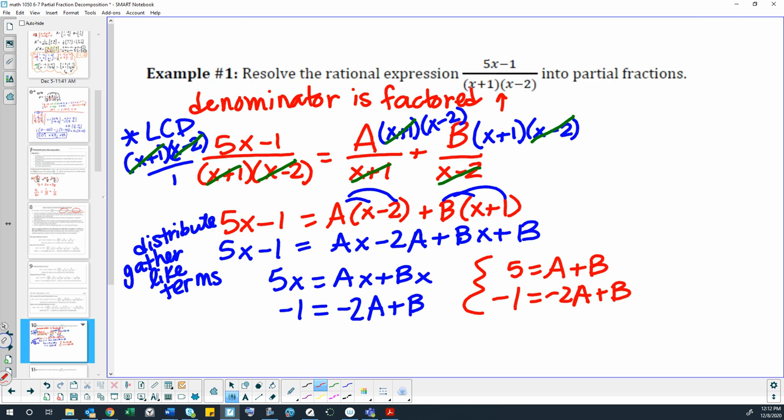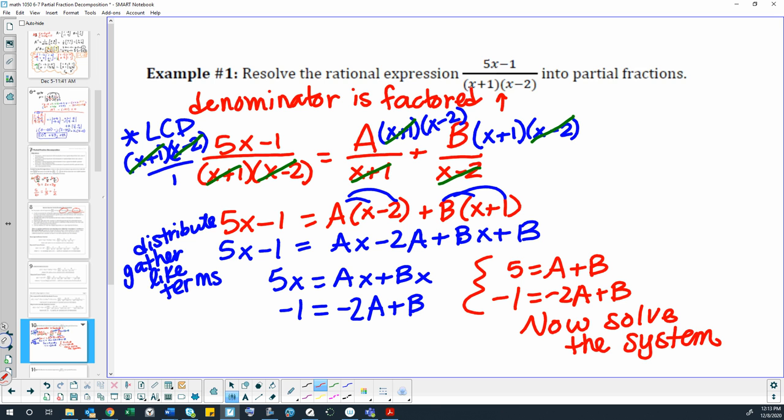Bam, I have a system of equations. Why is partial fraction decomposition in chapter 6? Because we have a system of equations that we can now solve using any of the methods we learned. We've spent a lot of time today talking about those methods, so I'm not sure I want to go through that process right now.